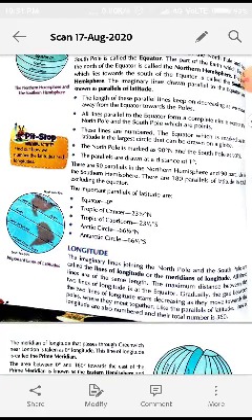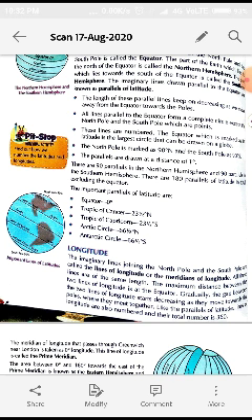The important parallels of latitude are the equator at the point of 0 degree, and you can see in the left hand side diagram, named important lines of latitude.